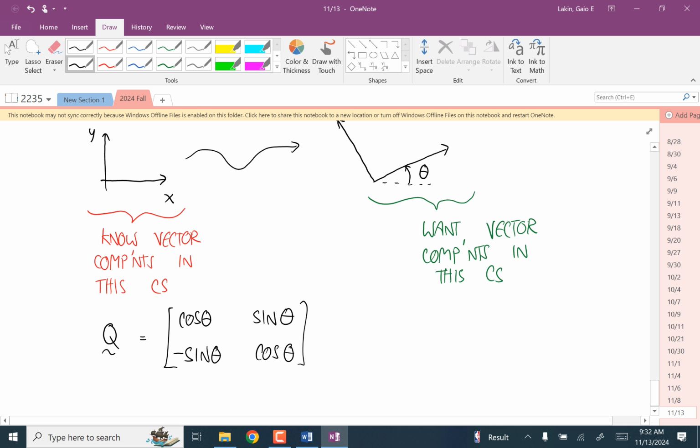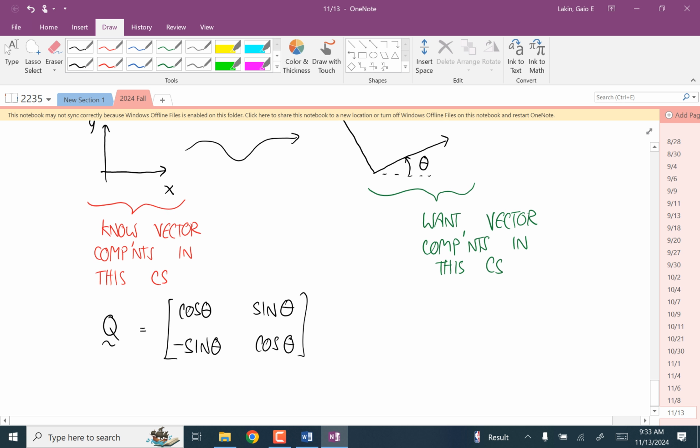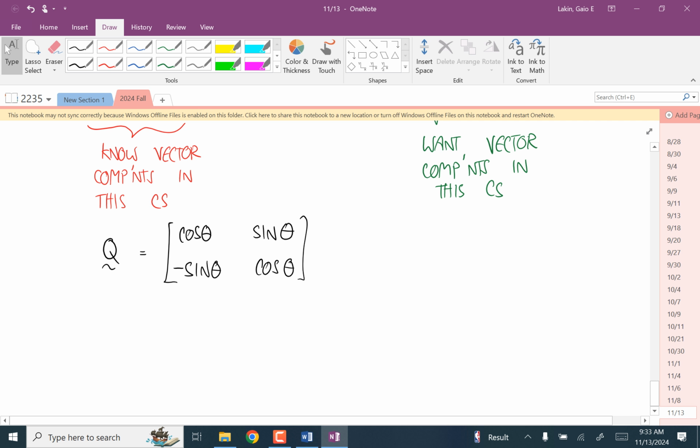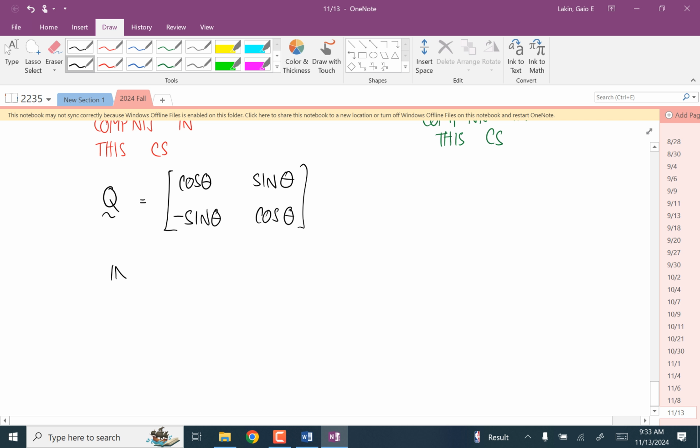And then you're just going to multiply that matrix to your force vectors.